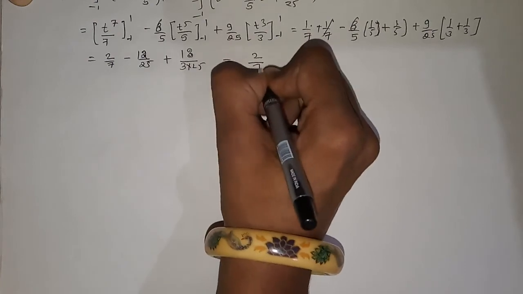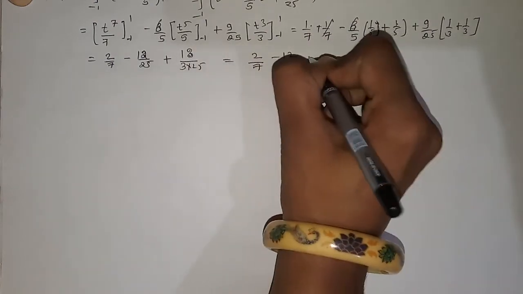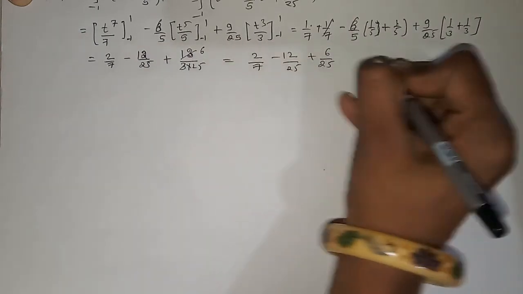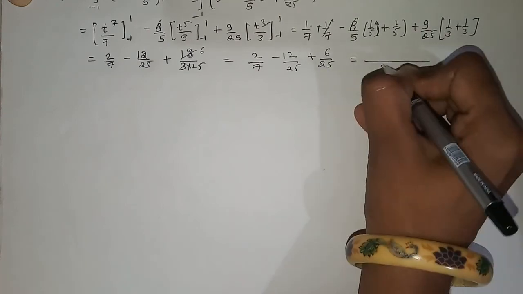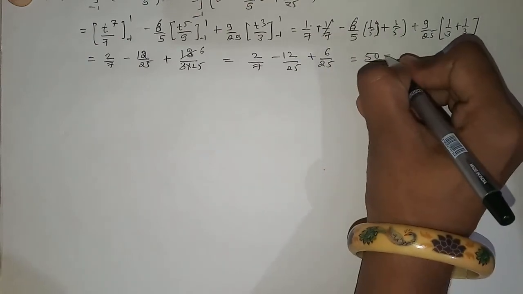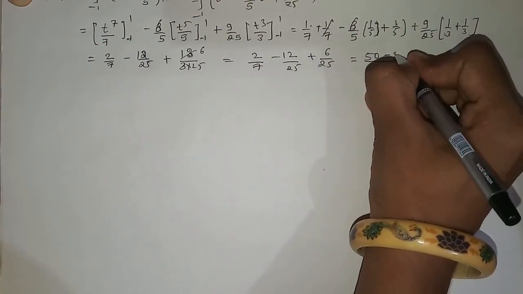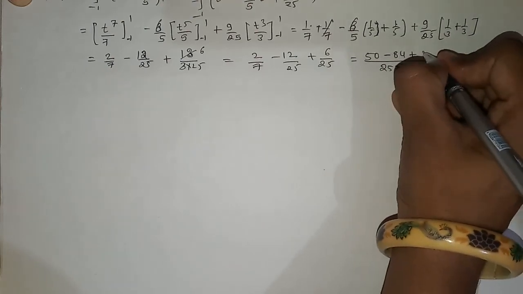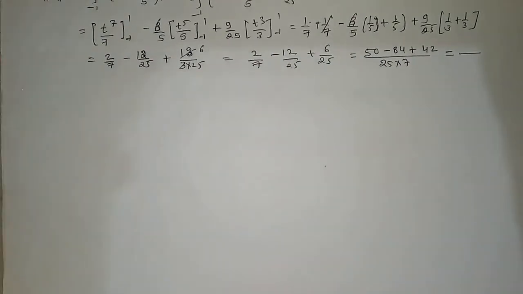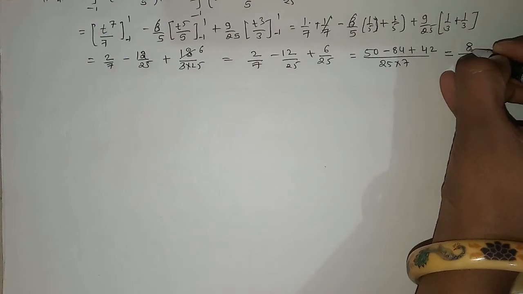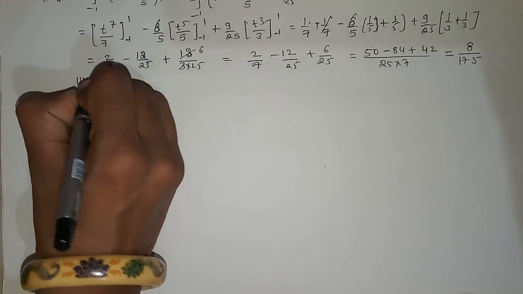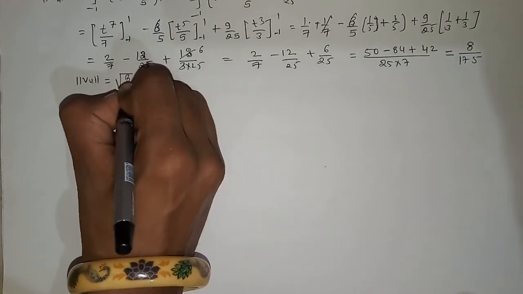So this becomes 2 by 7 minus 12 by 25 plus, if we get this 3 cancelled, 6 upon 25. So on taking LCM, 25 into 7, so 2 into 25 is 50 minus 84 plus 42. So we are getting this as 8 divided by 175. So norm of V4 is equal to under root 8 divided by 175.